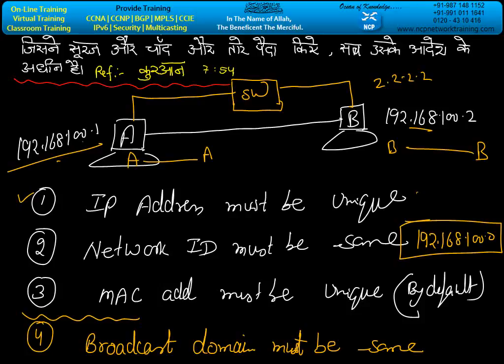If we are connecting two devices via switch, broadcast domain must be the same. It's a fourth component if two devices are connected via switch. If devices are connected directly, only three components are required to exchange the information between A and B: IP address must be unique, NID must be the same, MAC address must be unique. What is broadcast domain we will discuss in the switch chapter, not right now.